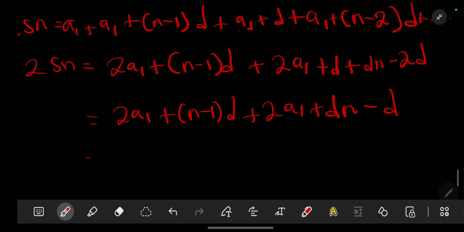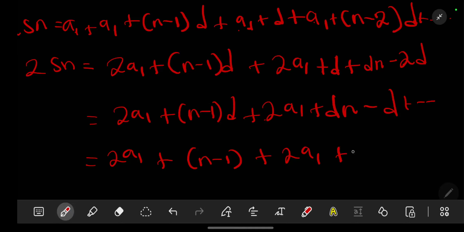So now study the behavior. We have our 2a1. So we are still continuing to add, but we can't just add everything. Then we have plus our n minus 1 like that. So we have plus our 2a1. If you look at this, we have d is common, so we are going to say d open brackets n minus 1. But the d is mostly written outside, so we are going to write the d outside like that.